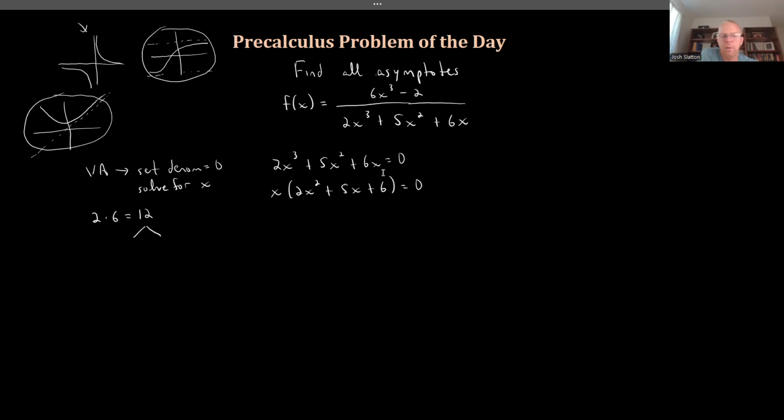Now list the factors of 12 and see if any of the factors of 12 will add up to 5. And it doesn't look like they do. So this one's not going to factor, but we could still have an irrational solution to setting this equal to 0. So let's use the quadratic formula and we'll see.